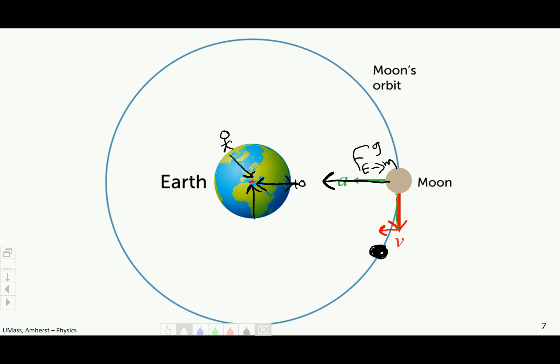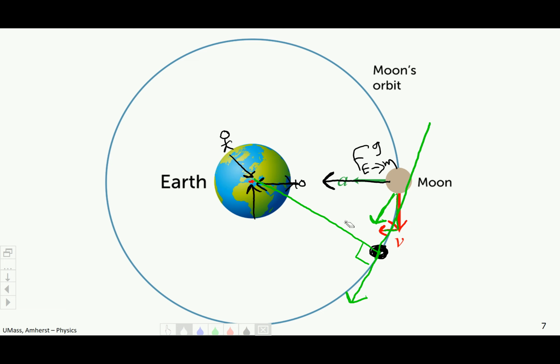One is going this way, one is going this way. The sum of those vectors points in this direction, right? So this little green vector right here is now the linear velocity of the moon, and it just so happens, well, it doesn't just so happen, the math works out that it is still perfectly tangential, meaning we have a right angle, to a line connecting the center of the moon to the center of the Earth.